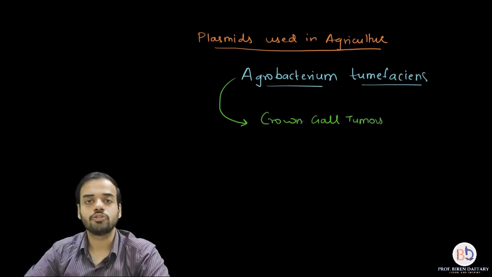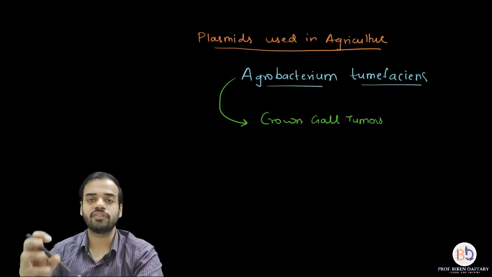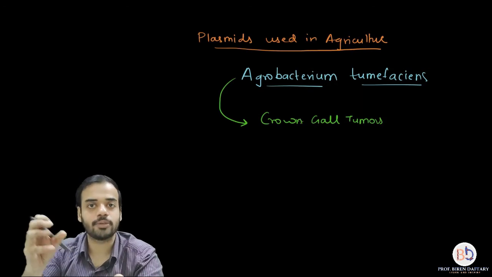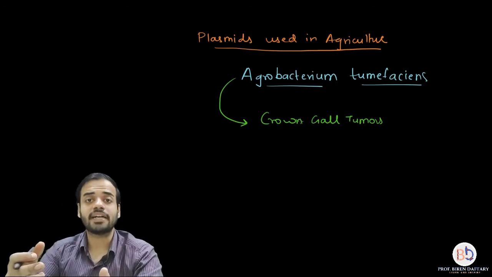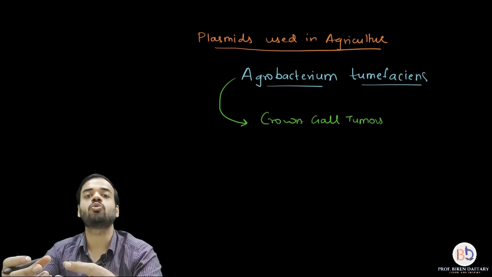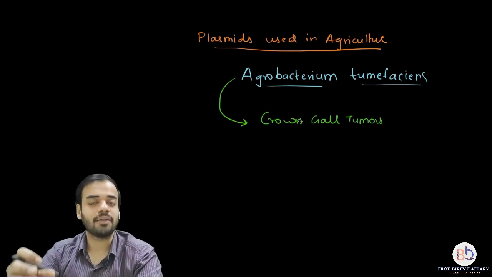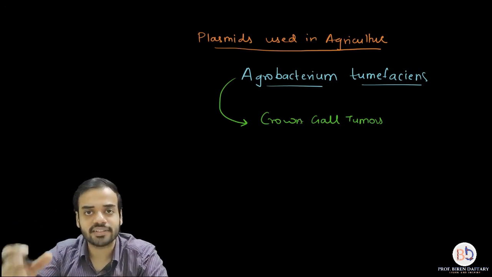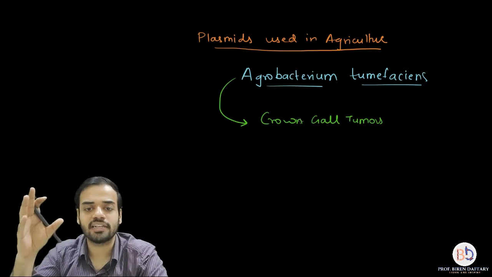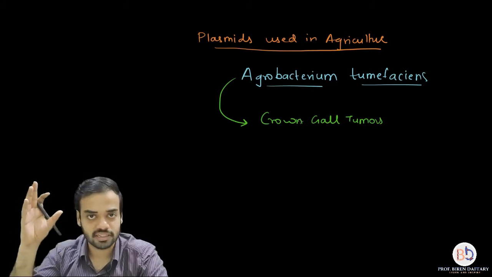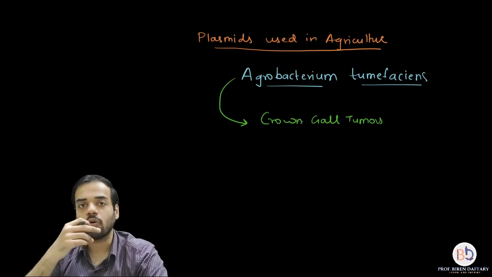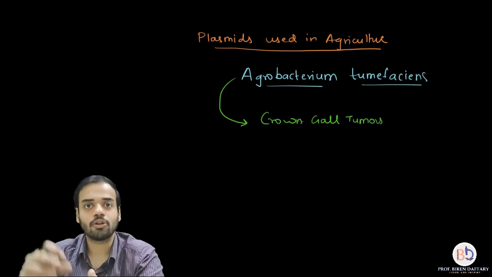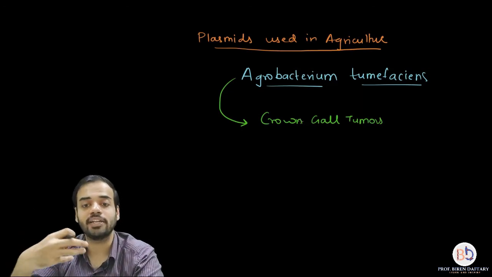Whenever the plants get infected by the bacterium Agrobacterium tumefaciens, this bacterium will cause tumors to grow on the plant, and because of the tumors, later on the productivity of the plant will decrease and it will die. And these tumors are called crown gall tumors. Is that clear? Now how does this Agrobacterium work? Please pay attention here, and also we will see how we can use Agrobacterium to our advantage.